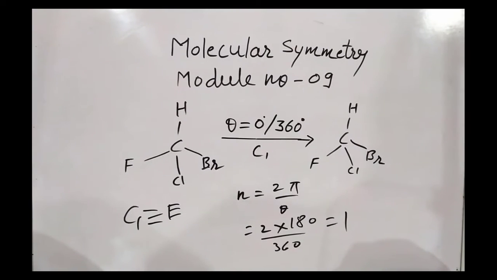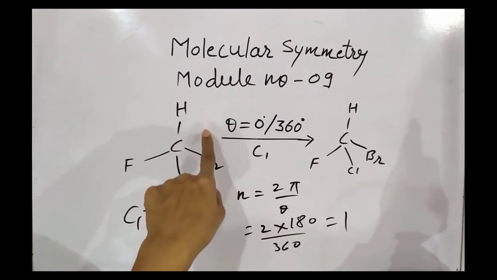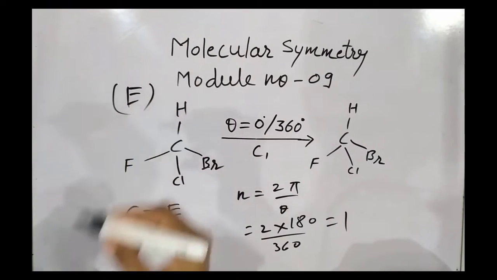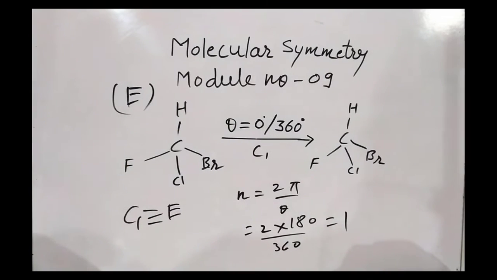equivalent to E, means another meaning of C1 is nothing but E, or you can say vice versa, another meaning of identity is having the C1 rotational axis. Alright, so again let me revise. Identity is such a symmetry element that every molecule must possess.